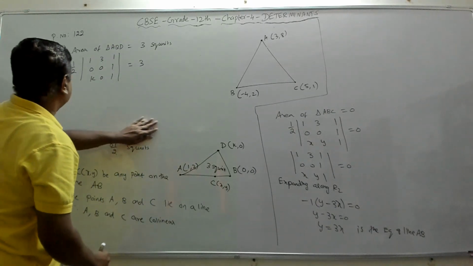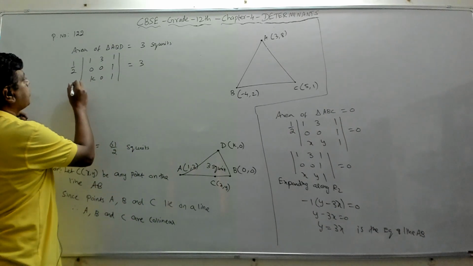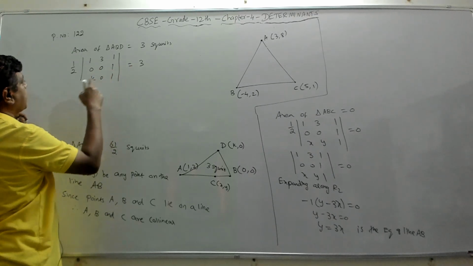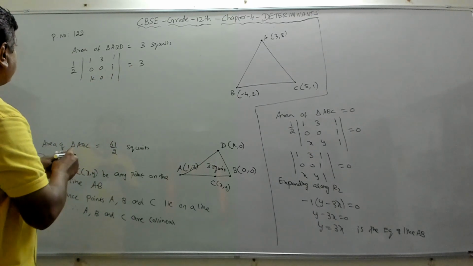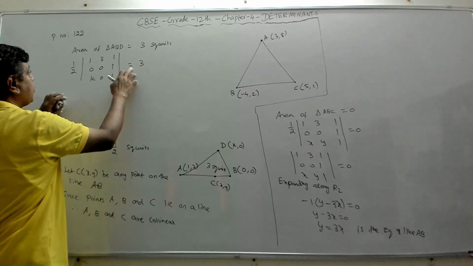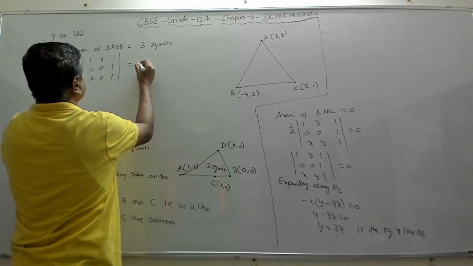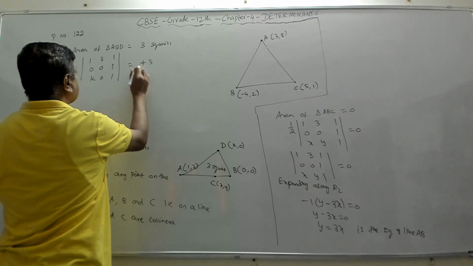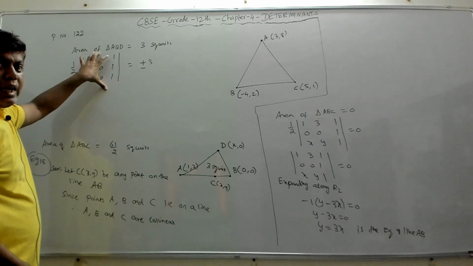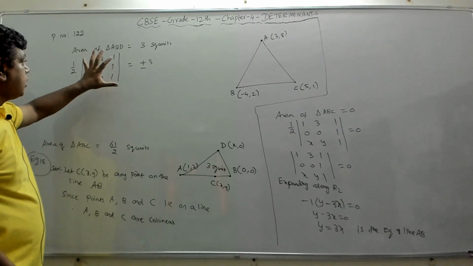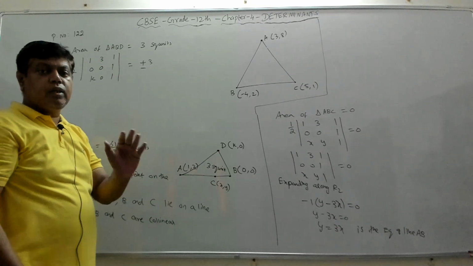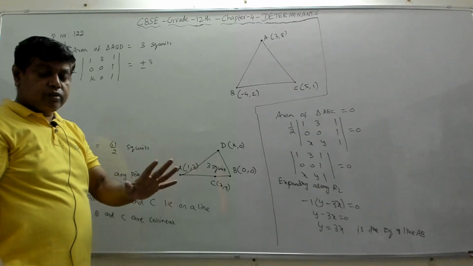Now what we'll do is, this 2 will go to this side. But again, when we say that the area of the triangle is 3 square units, then this determinant value will be equal to plus or minus 3. Because when you evaluate the determinant, if you get the value as minus 3, suppose you're trying to find the area of the triangle ABD using the determinant, then we will say the area of the triangle is 3 square units only.